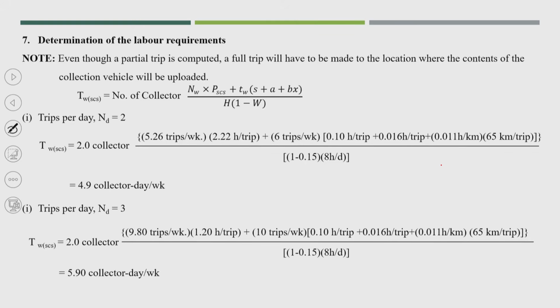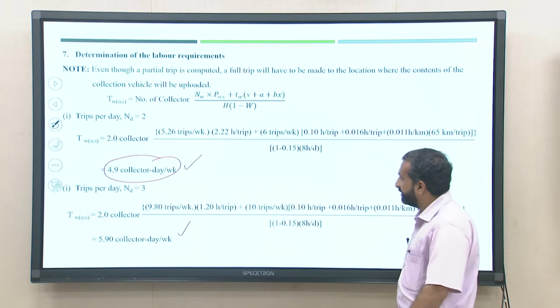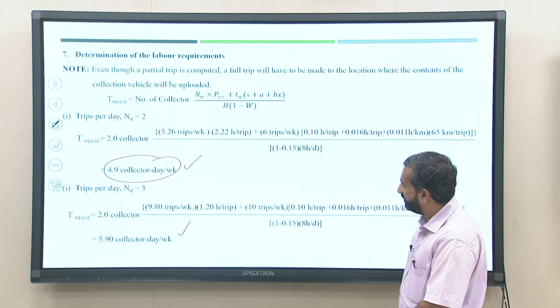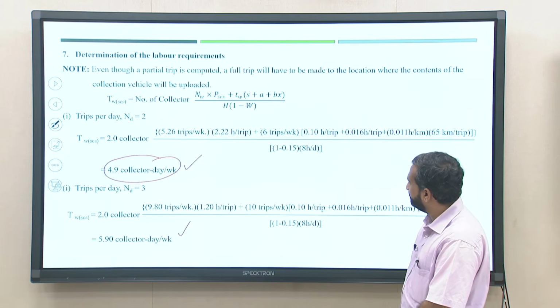So, here you see for ND2 4.9 days per week will be required, and for ND3 5.9 days per week. So, your answer will be ND2. In that case, it requires lower time as compared to ND3.